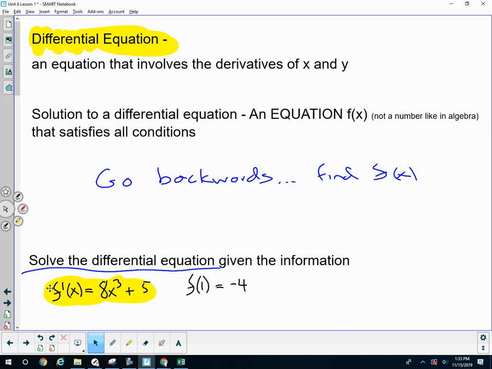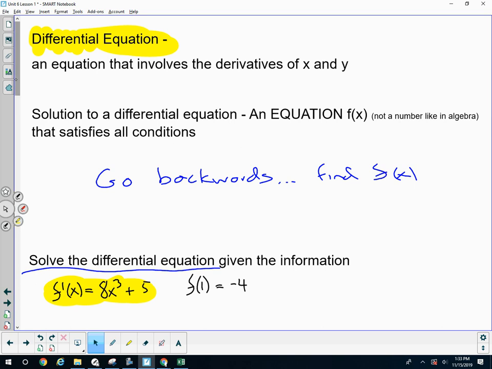That's it. The solution to a differential equation is a function. It's f. Might be a function, might be a non-function, but it is an equation that satisfies the conditions.